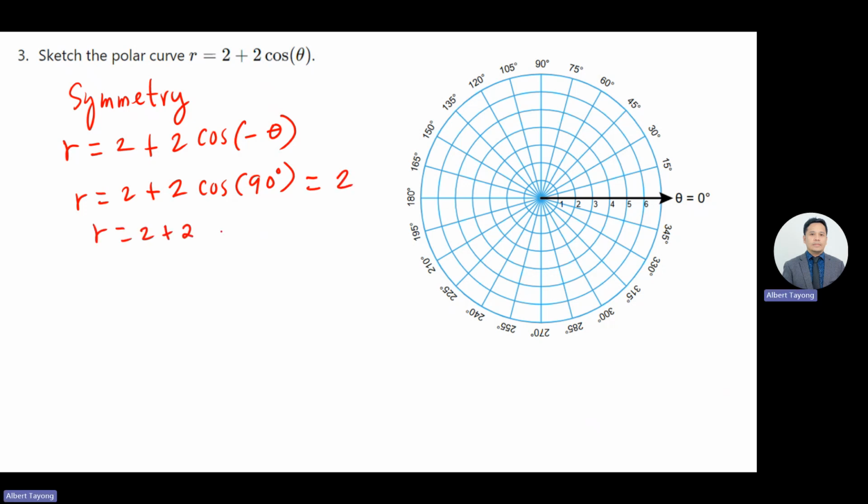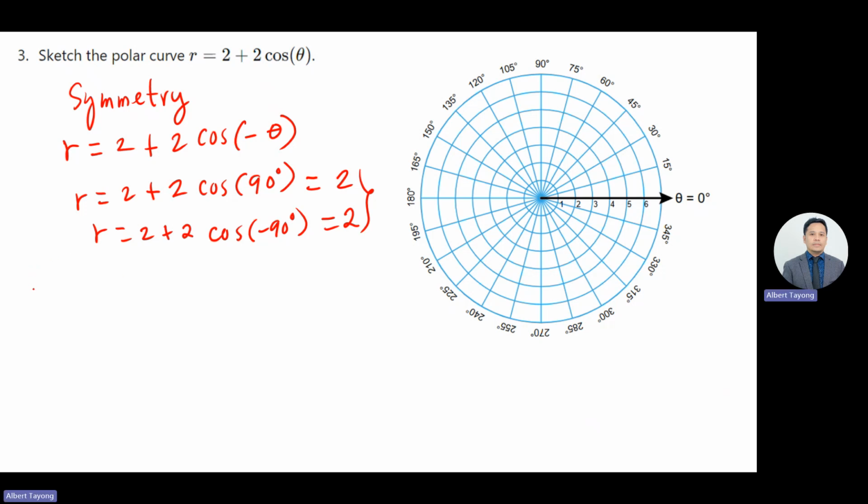And how about our negative 90 degrees? Using the calculator, the answer is also 2. So this one is actually symmetric with respect to the x-axis. Okay, so it means that above the x-axis, it will be symmetric below.